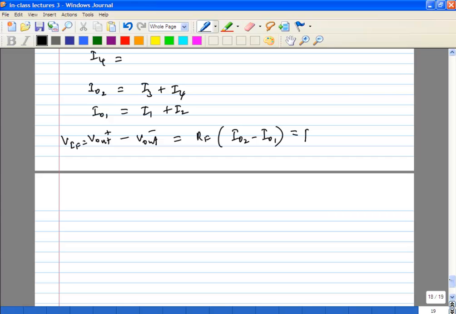Okay, and this happens to be beta times the signal VRF plus minus VRF minus times the LO term. Okay. So this is what we wanted to achieve.